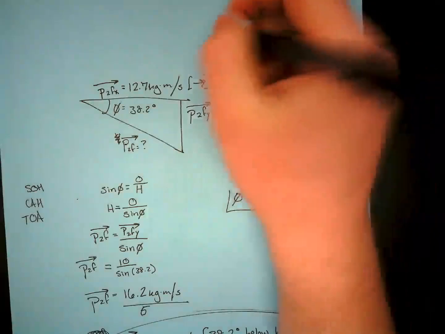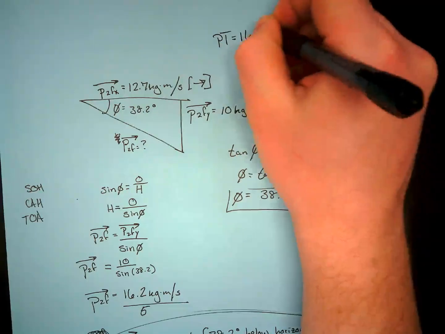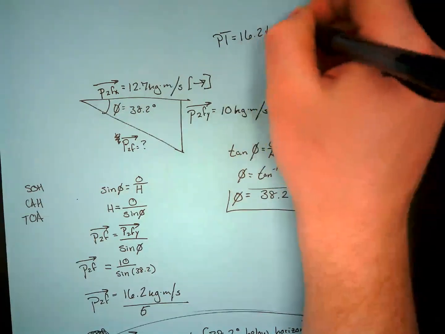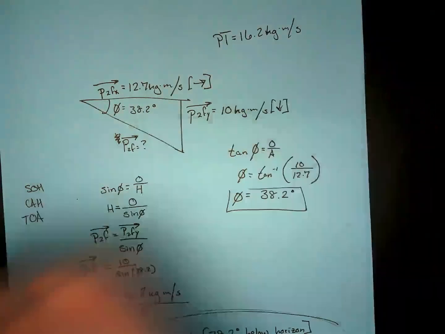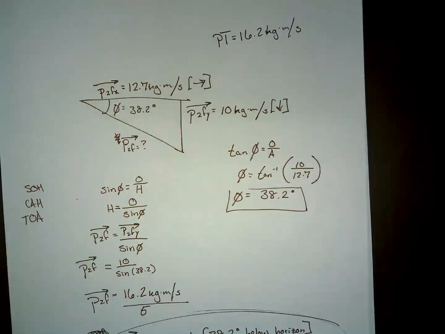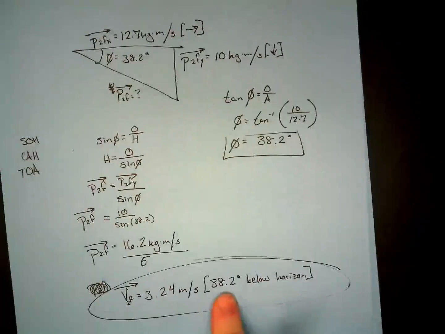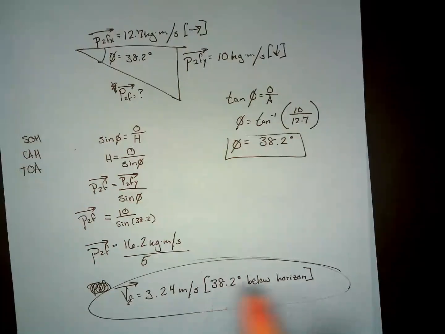Using Pythagorean's theorem, I get 16.2 kilograms by meters per second as well. So that checks out. That means that my math here was good and that I'm good to go. And my final answer here is going to be 3.24 meters per second, 38.2 degrees below the horizon.